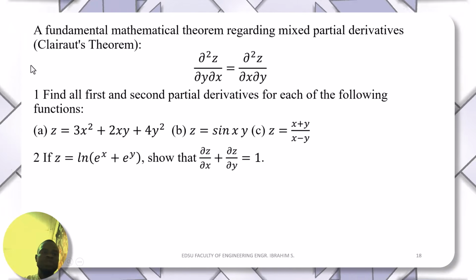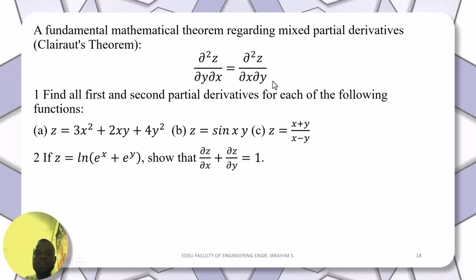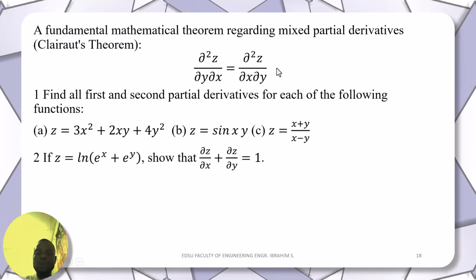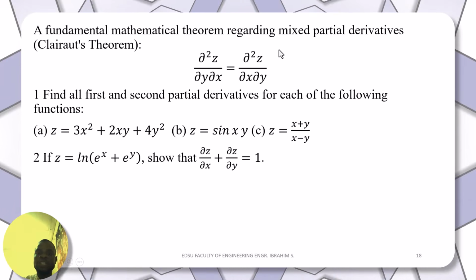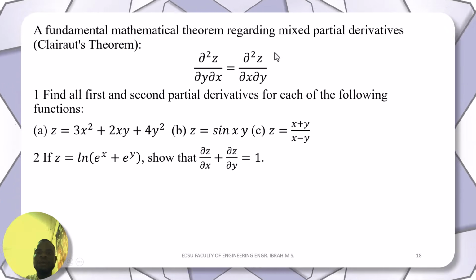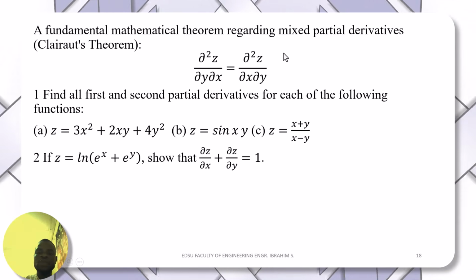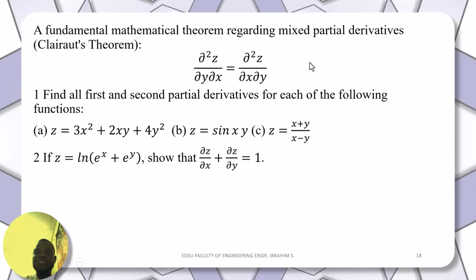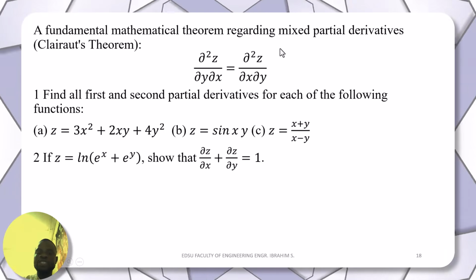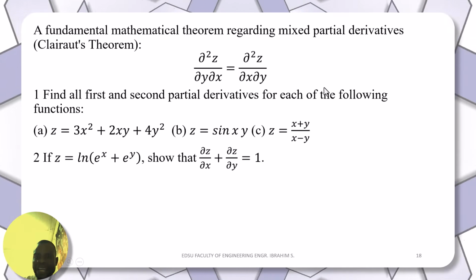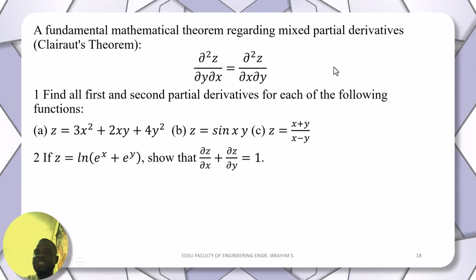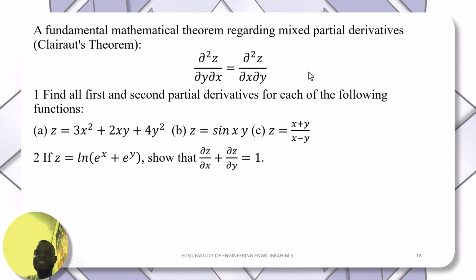So the theorem is called Clairaut's theorem. What I'm trying to say is that you are looking for a second order partial derivative, but this one is telling you x, y, not x comma y. So you differentiate with respect to x, then with respect to y, or with respect to y, then with respect to x.